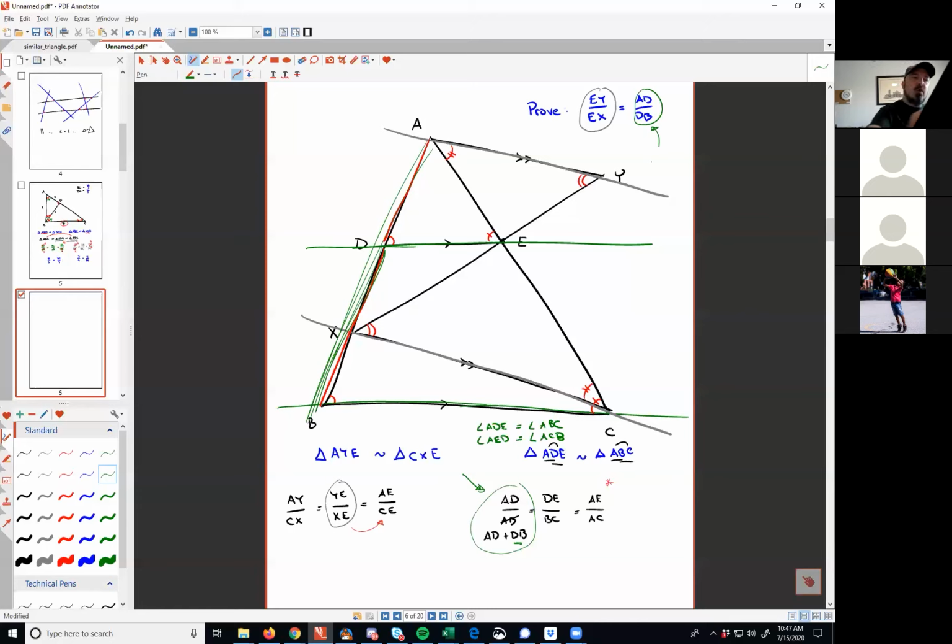Can we rewrite AE over AC in a similar way? Yes. AC will be AE plus EC. Good.